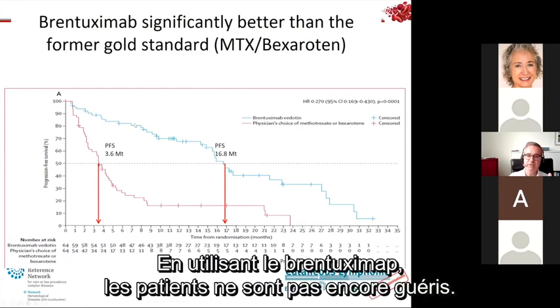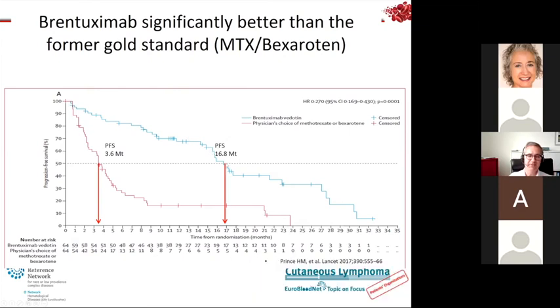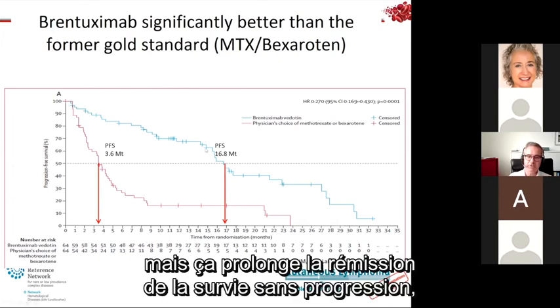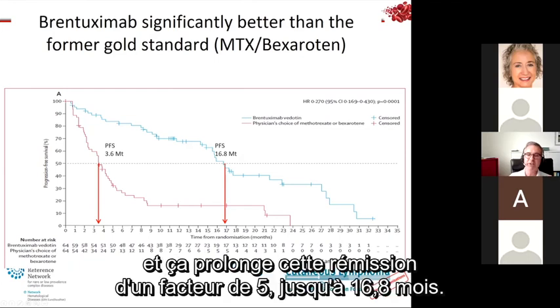Whereas if we're using brentuximab, it does not cure our patients yet, but it prolongs the remission, or the progression-free survival, by a factor of 5, up to 16.8 months.